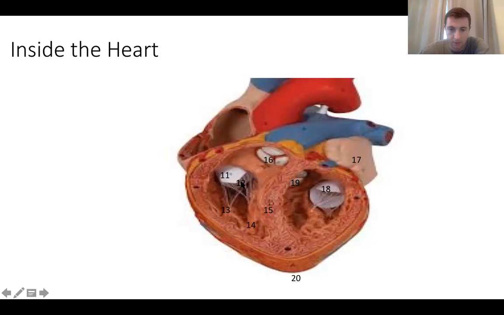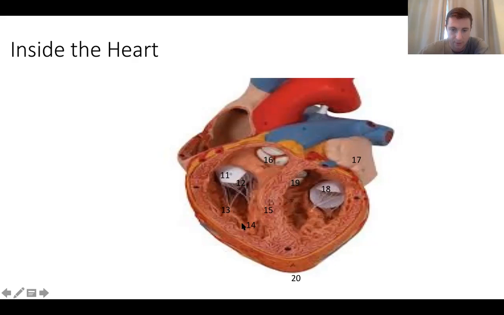12 is going to be these cord-like structures, and that is the chordae tendineae. 13, the chordae tendineae, they go down and they have muscles attached to them, and these are papillary muscles.